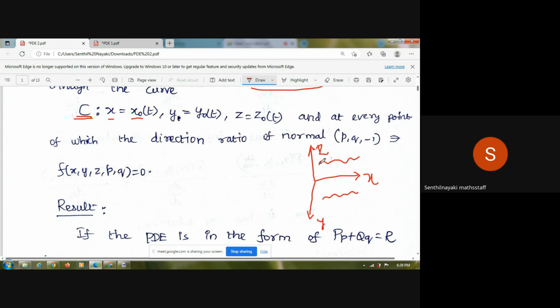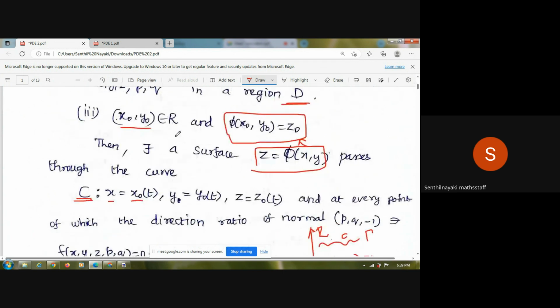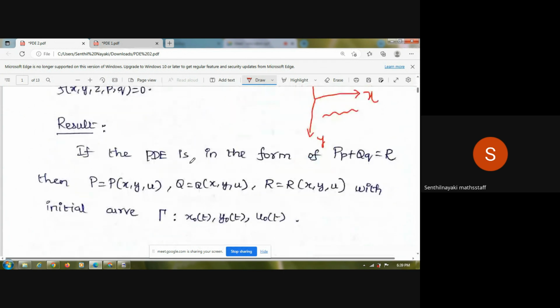Let us assume this is a curve C. It is denoted as C or capital gamma; in the problem they have given either C or gamma. That means it is the notation of the curve. The image of this curve is present in the xy plane. So these are the theory parts. If I explain one problem, then you can understand a little bit.